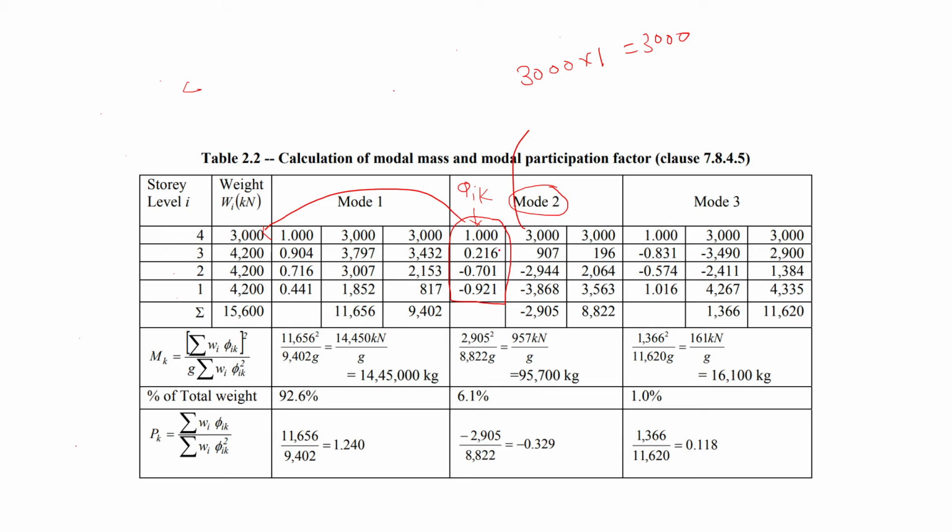And for the second, 4200 multiplied by 0.216, you will get 907. Similarly, you will get other values. For the next column, you have to multiply the weight with the mode shape coefficient square.